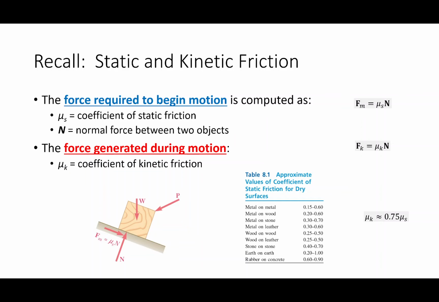What we've got to do is break that up into X and Y. You could think of normal and tangential if you would like those terms. Not only would we have to break the W into an X and Y, but we would have to break the applied load into an X and Y. And so the normal force would be the force required in this direction to attain equilibrium.